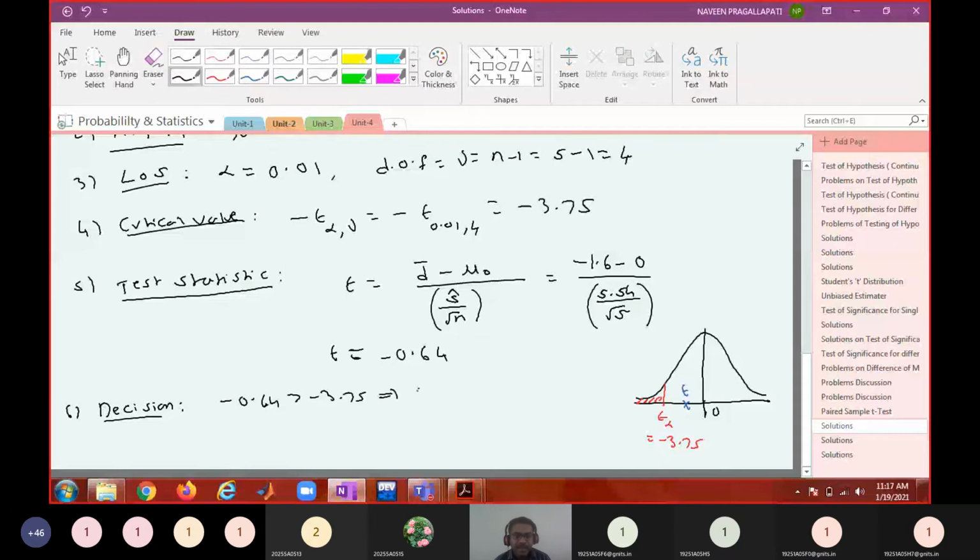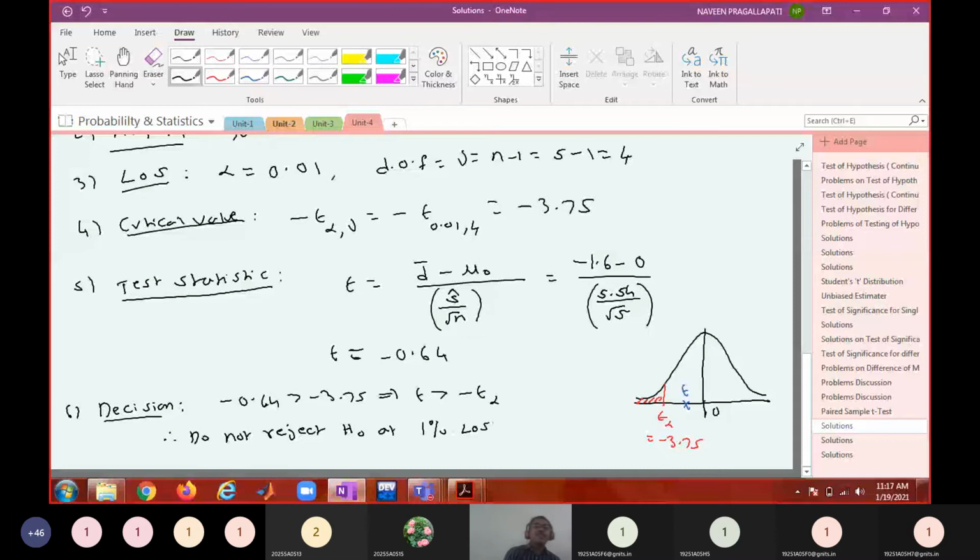This implies that t is greater than minus t alpha. Therefore, sorry, do not reject. Do not reject H naught at 1% level of significance.